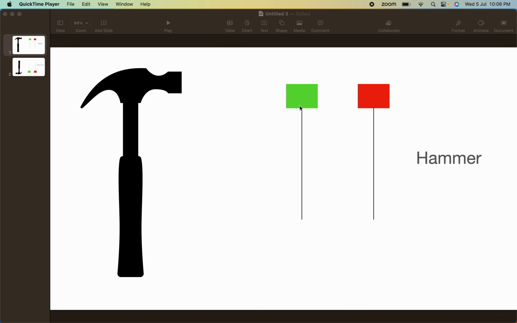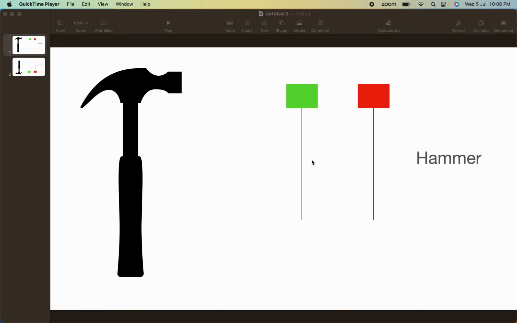The most important thing about the hammer is that the lower wick is very big. So, in short, the hammer looks like this: a small body placed at the upper end with a longer lower wick. This resembles a hammer, and that is why it has the name.